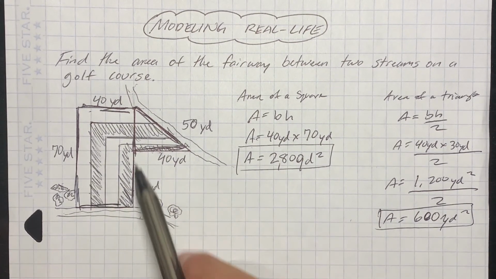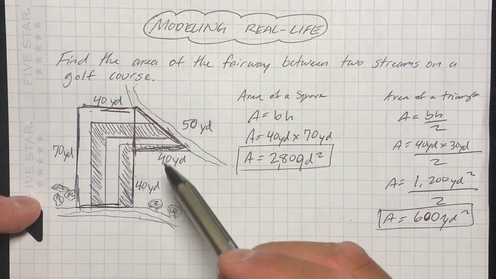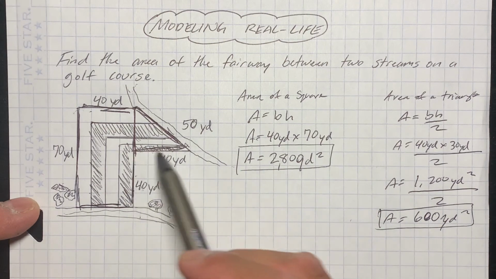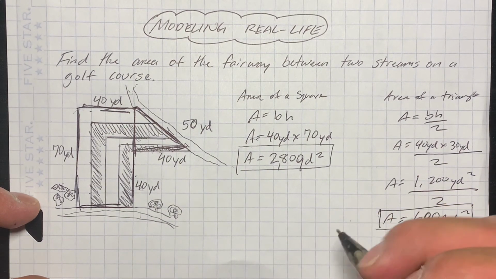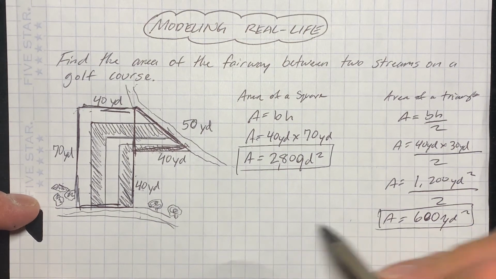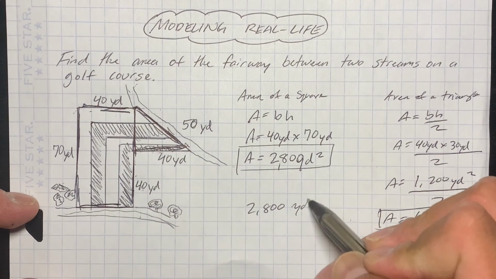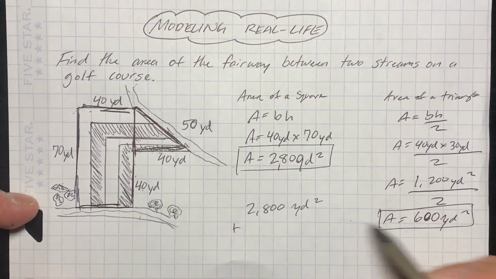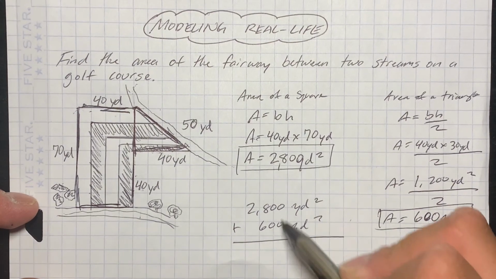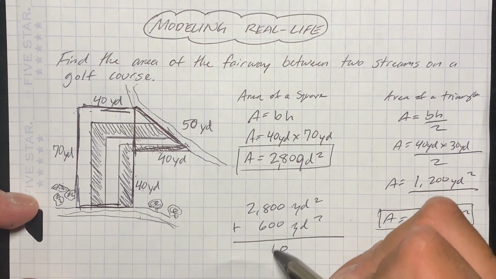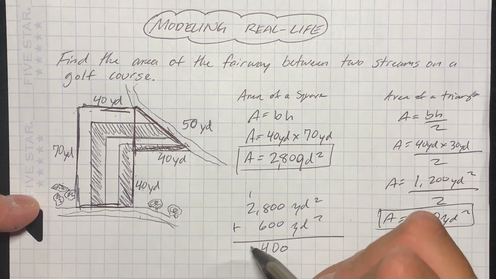This big rectangle is 2,800 yards squared. But we want to find the area of this whole fairway here. So all we do is add them together. Okay. So 2,800 yards squared plus 600 yards squared. 0 plus 0 is 0, 0 plus 0 is 0, 8 plus 6 is going to be 14, 1 plus 2 is 3.